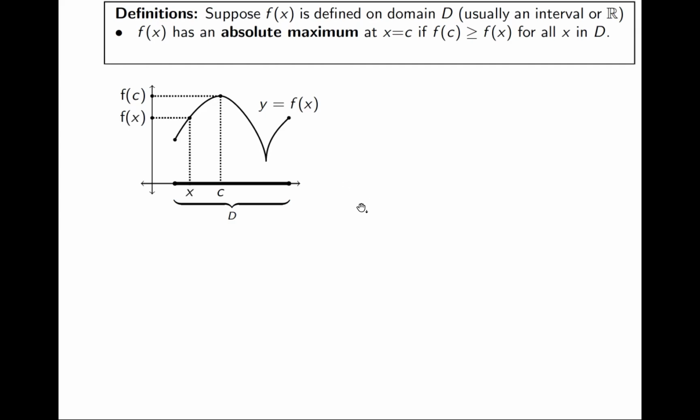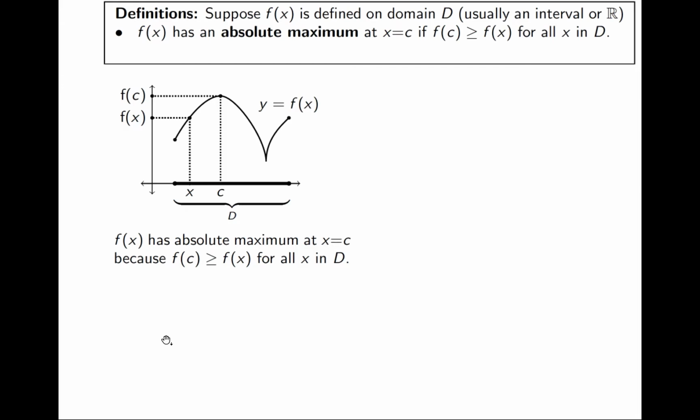For any other x you pick, f of x will be here. You get f of c greater than or equal to f of x for any other x in this domain. And according to our definition, that would mean that this function f of x has an absolute maximum at x equals c, because f of c is greater than or equal to f of x for all x in D.